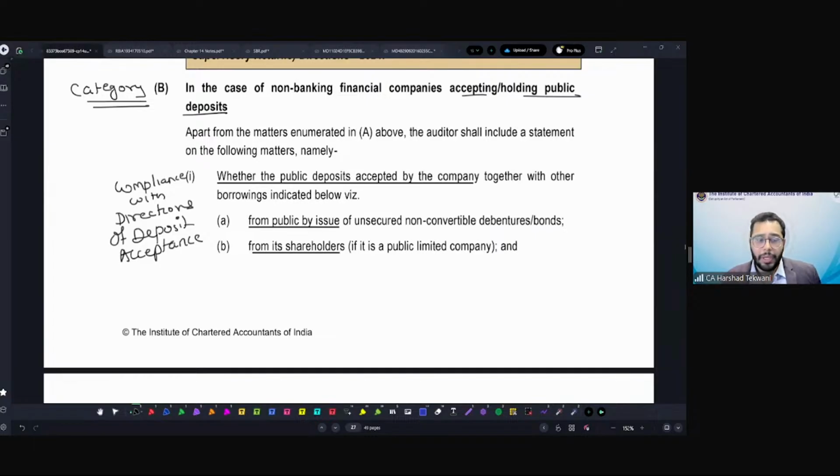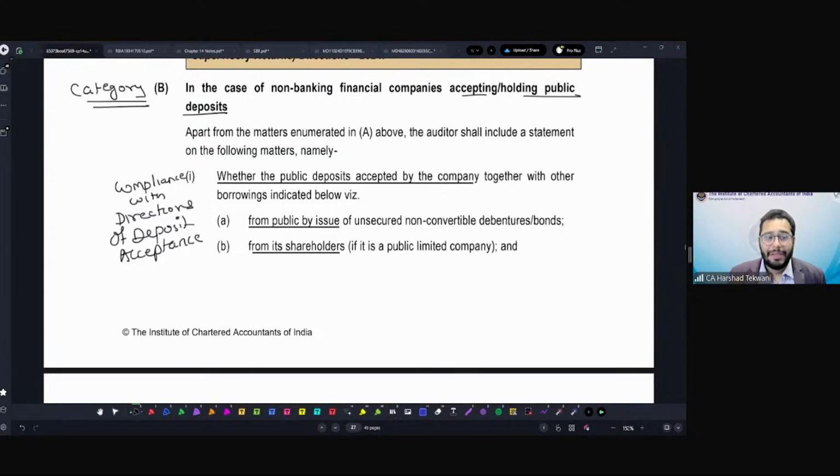Now, that direction usually also specifies the maximum amount they can accept as deposit. Tomorrow I start an NBFC, I have net owned funds of, let's say for example, 5 crore, 10 crore. I'm accepting deposits of 1000 crore. I cannot do that. There is a limit.